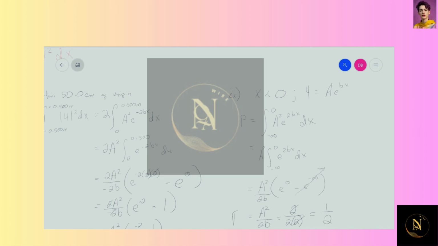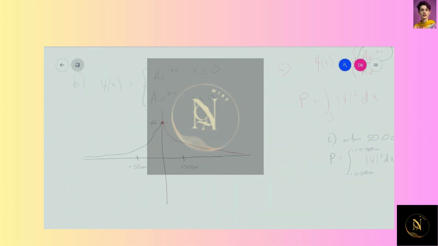Now that should make sense, because if we look at our wave function graphed, the probability of finding a particle on the left side of the origin is half of the graph for the full wave function. Okay, so this is how the symmetry works out.